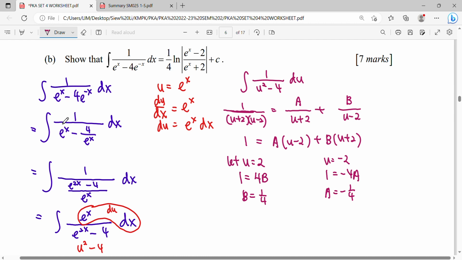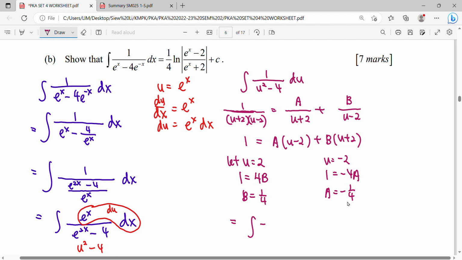So from the original exponential question, we used substitution. After the substitution, we can notice that it is a partial fraction form, so we can solve this by partial fraction.